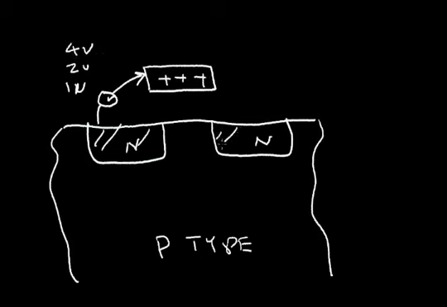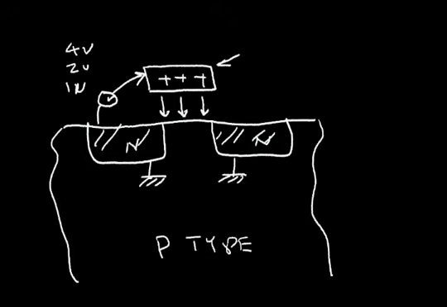Let's presume that these N regions are at a ground potential. This is both at ground. And when we apply a voltage to this gate electrode, we develop an electric field below the gate.